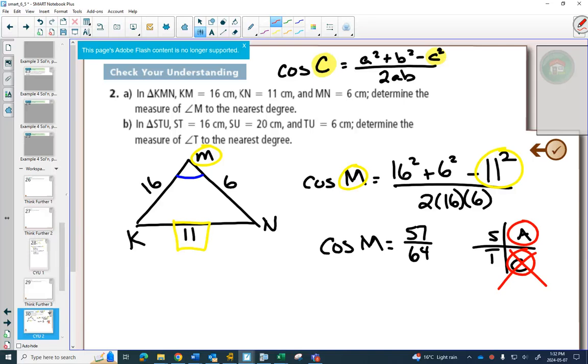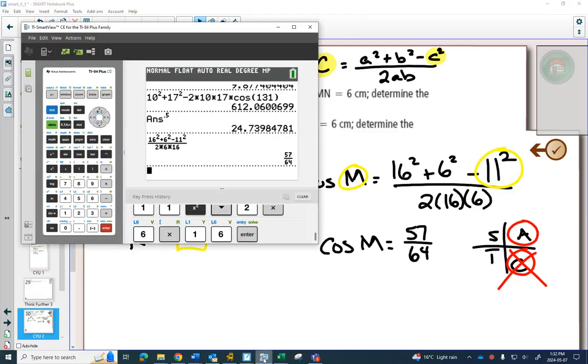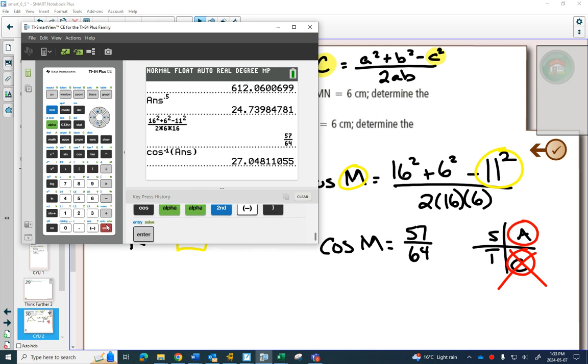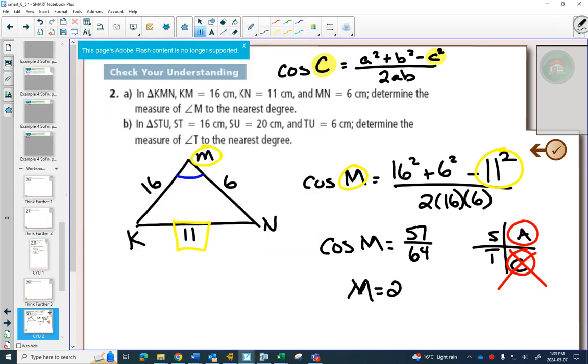So the only answer that would work is quadrant 1. Quadrant 1 is the same as the reference angle. So when I find the reference angle, second cos inverse of 57 over 64, my reference angle is 27 degrees. My angle then is going to be 27 degrees.